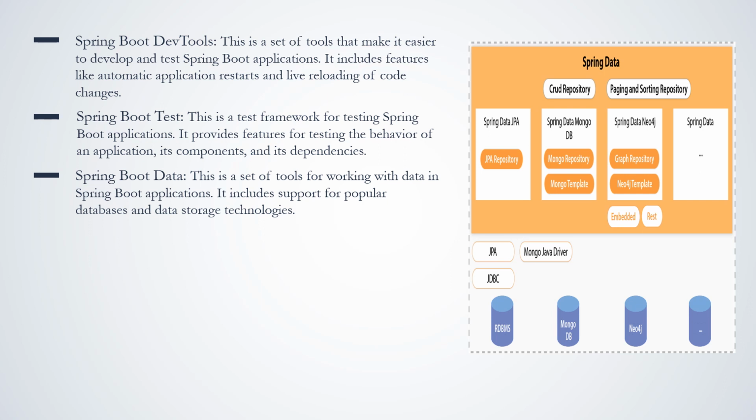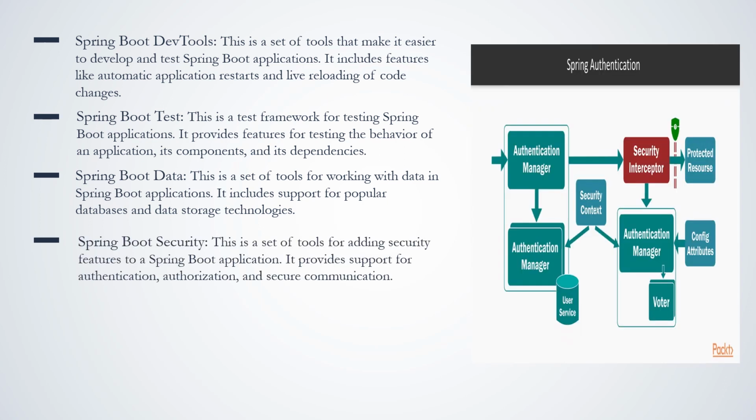And finally, the most important tool as part of Spring Boot is Spring Boot Security. This is a set of tools for adding security features easily to your application. These security features include support for authentication, basically verifying that a user is authentic.